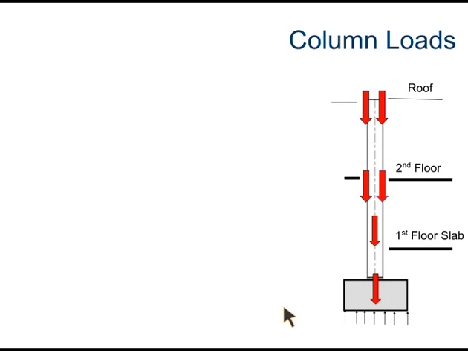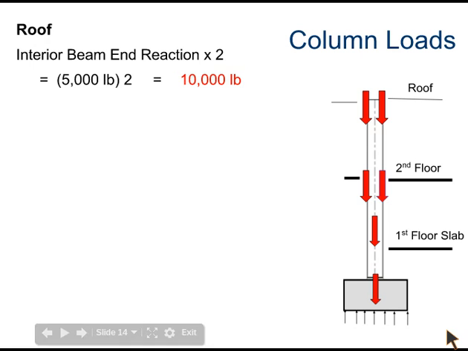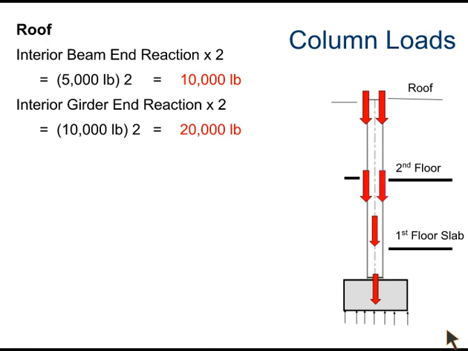So the footing will carry the column loads as well as the weight of the foundations and transfer these loads to the supporting soil. In this case, the roof loads include the 10,000 pounds from the 2 interior beams that frame into the column. We have 20,000 pounds from the girders that frame into the column.